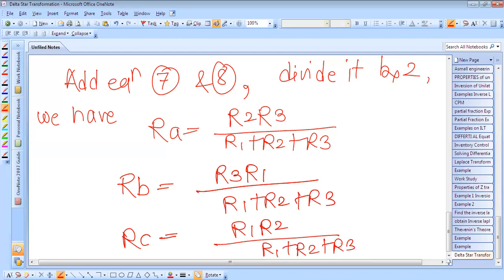So in this way we can find the relationship between star and delta.